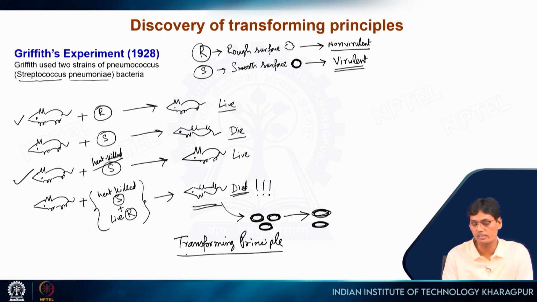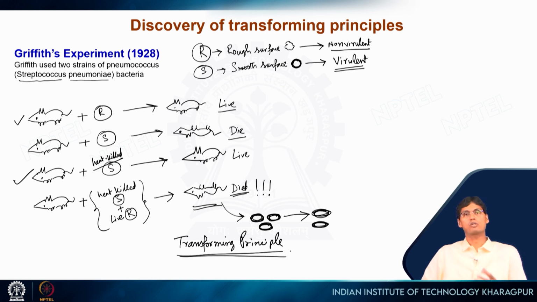This is very important. But what is the transforming principle, what is the ingredient? That was not known at that time. But something present in the heat killed S strain converts R cells into S cells.